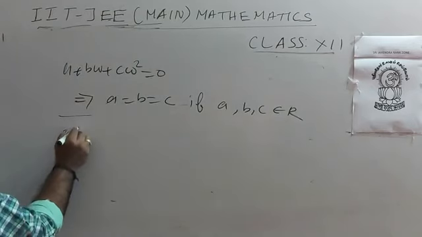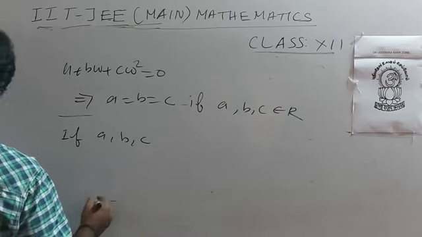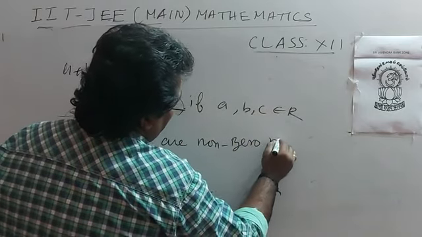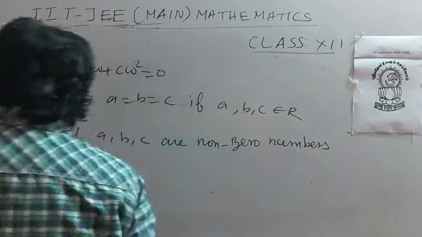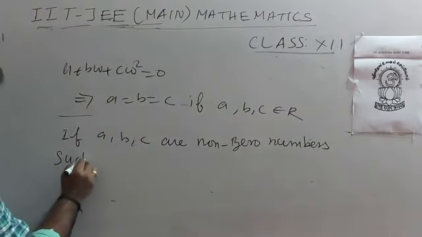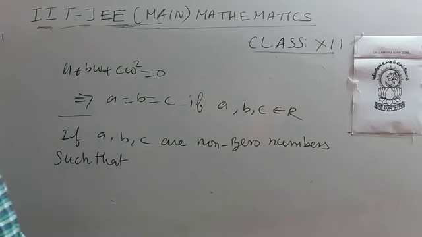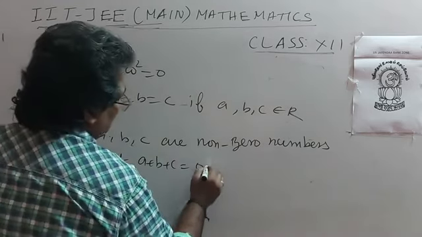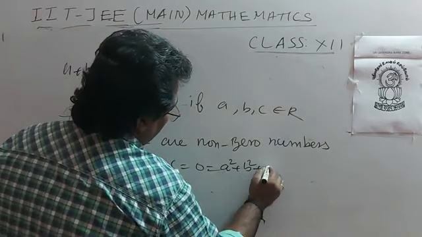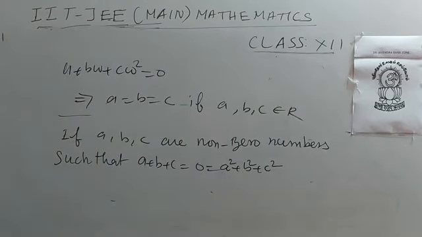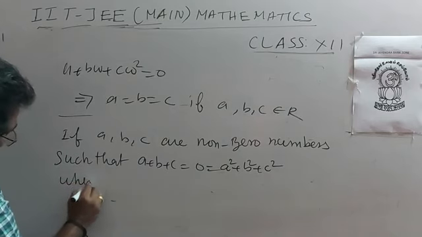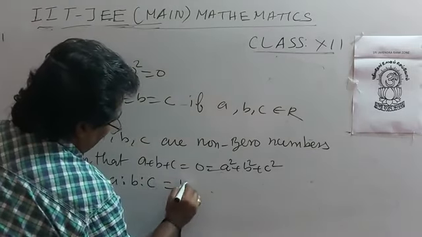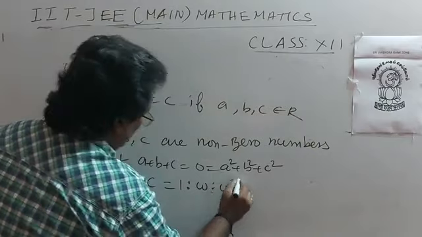Next result: if a, b, c are non-zero numbers such that a plus b plus c equals 0 equals a squared plus b squared plus c squared, then a is to b is to c equal to 1 is to omega is to omega squared.